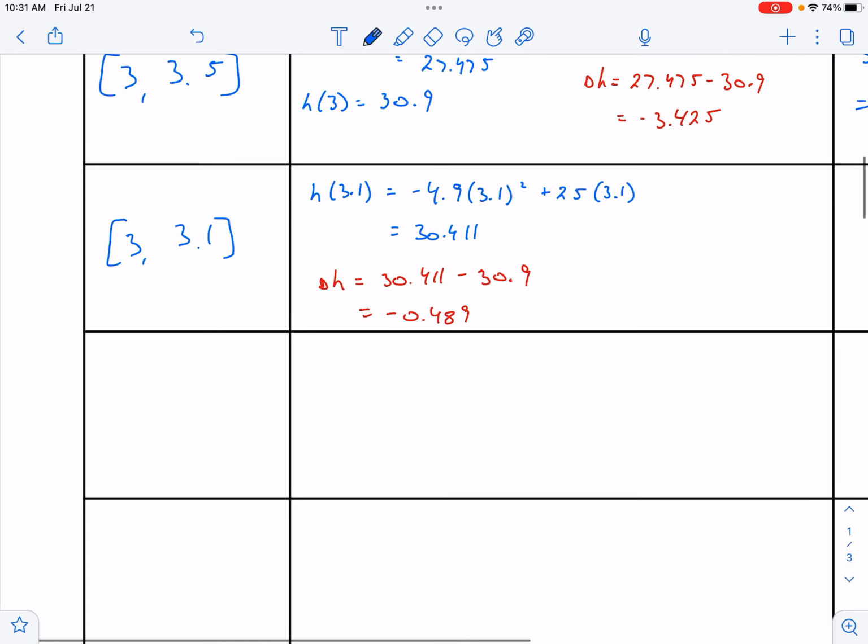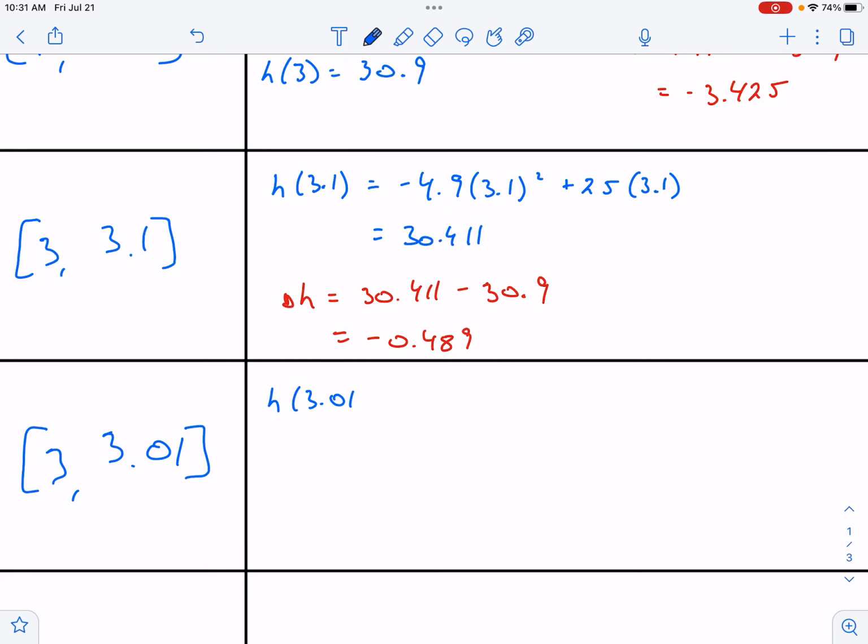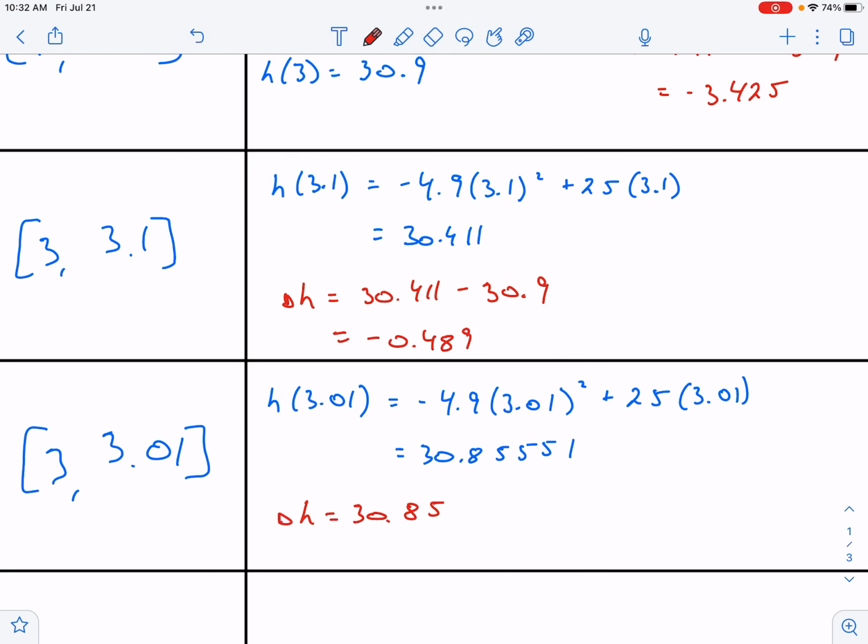Let's try a smaller one. What about between 3 and 3.01? Calculate h of 3.01: negative 4.9 times 3.01 squared plus 25 times 3.01. Put that into a calculator and you're going to get 30.85551. So my delta h will be 30.85551 take away 30.9, which is negative 0.04449.